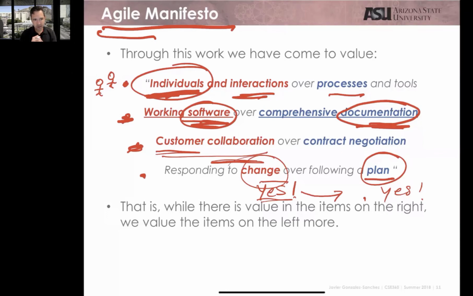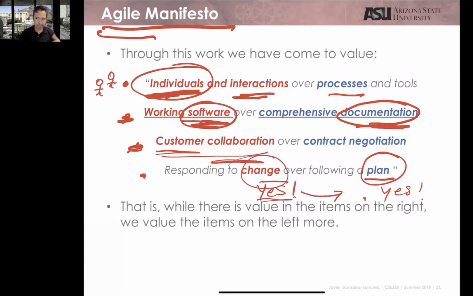So the people is more important than the process. Working software is more important than the documentation. The customer collaboration is more important than a contract. And say yes, accept the possibility of a change is more important than having a plan.